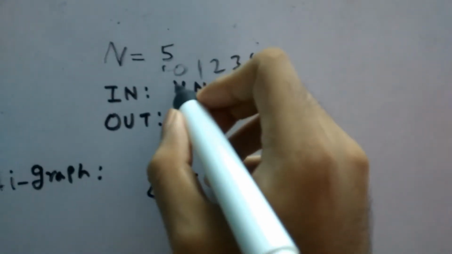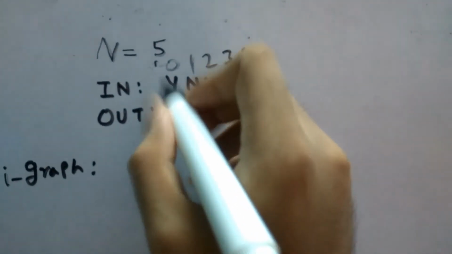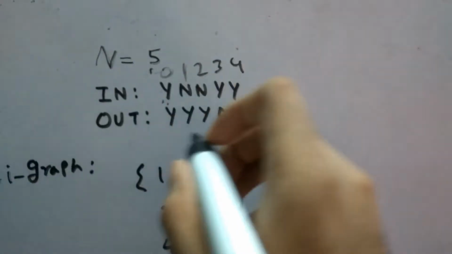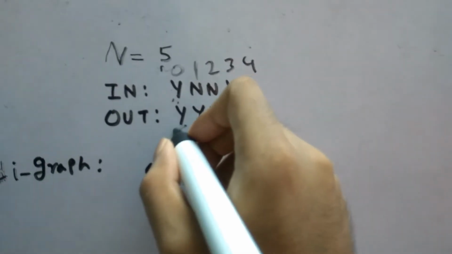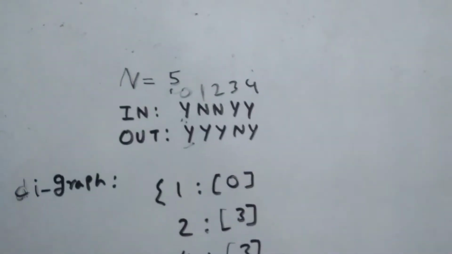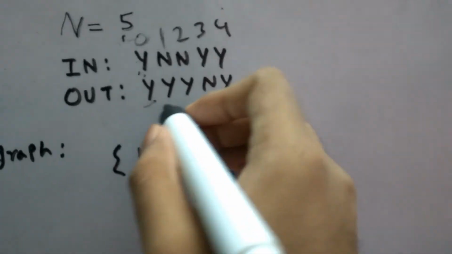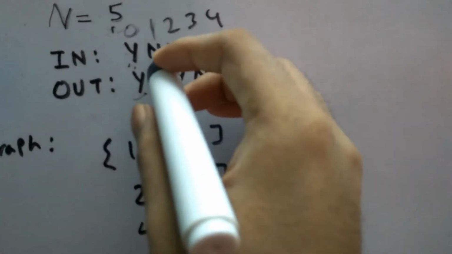If the city 0 has in as y, that means incoming into city 0 is accepted, and it also has output as y, so outgoing from that city is also accepted. For the city number 1, the outgoing is accepted, but a plane coming to the city is not accepted.